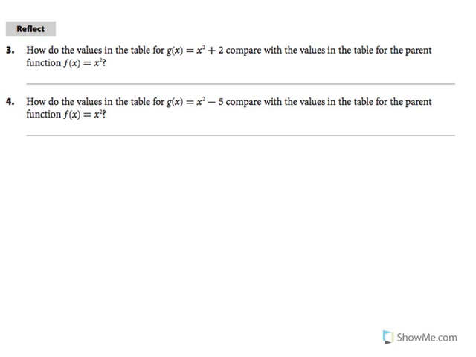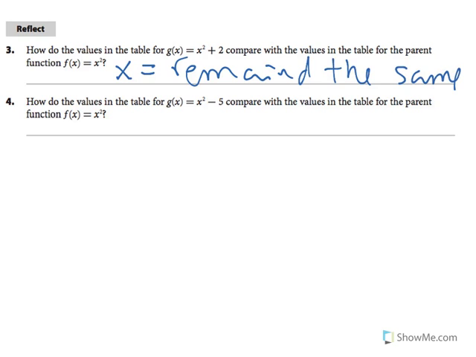How do the values in the table of g of x equals x squared plus 2 compare with the values in the table of the parent function? Here we see that the x values remain the same, but the y values are 2 units up.